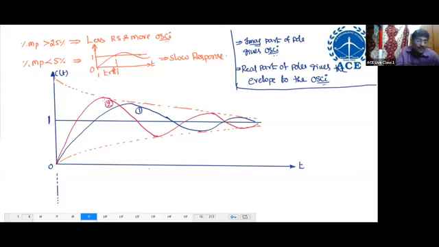Still the oscillations are more, like this. This is for 3. That's all.